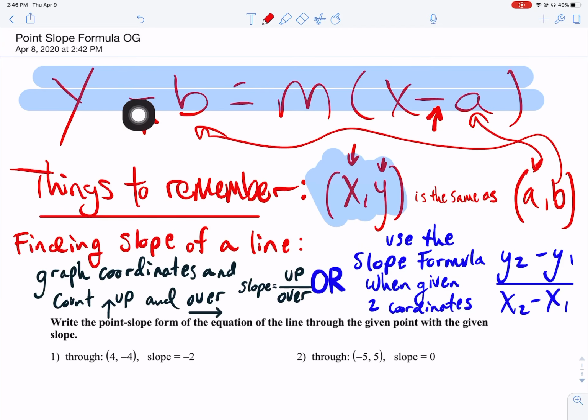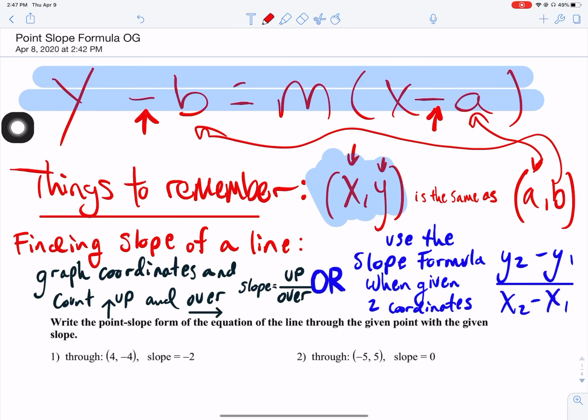Okay? Both these negatives are going to stay negative. If these are positive numbers, then the negative will be there. Okay? If these are negative numbers, then a negative times a negative will switch it to a positive. So the only time these are switching to positive is if you see negatives in here.